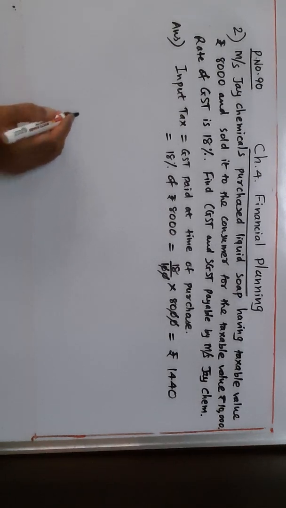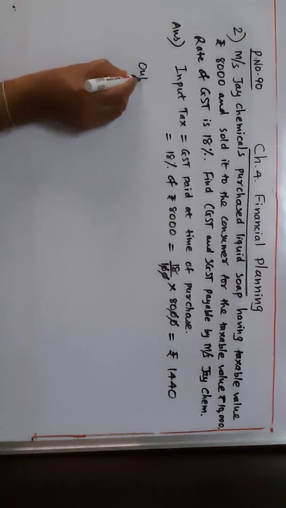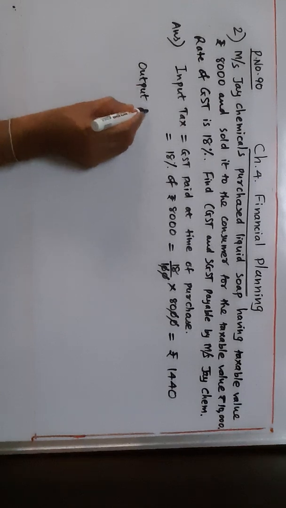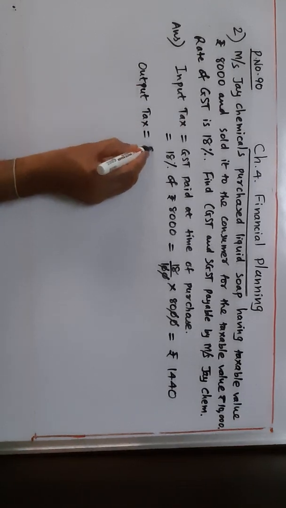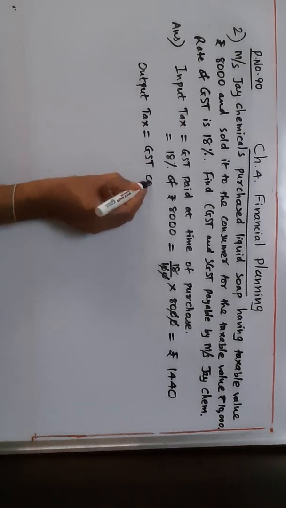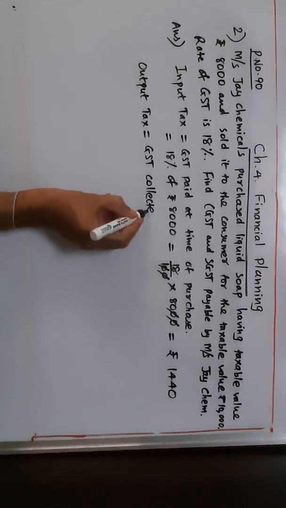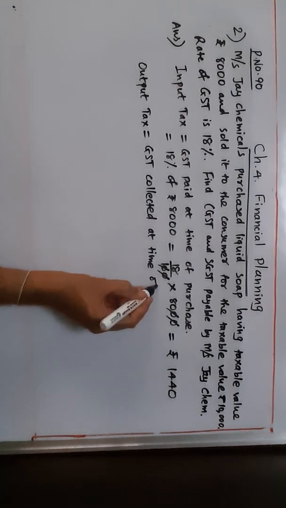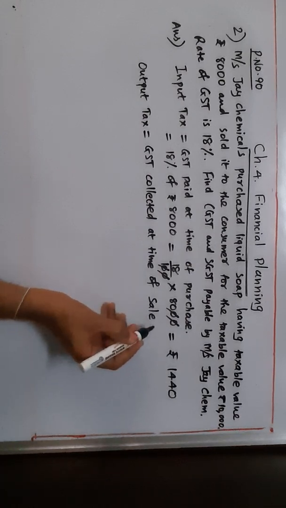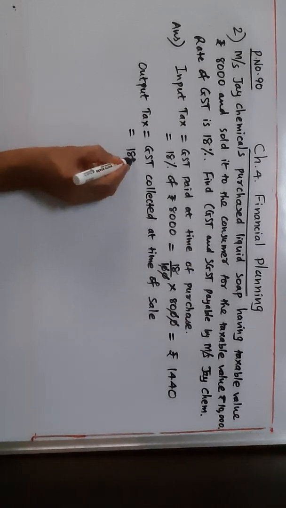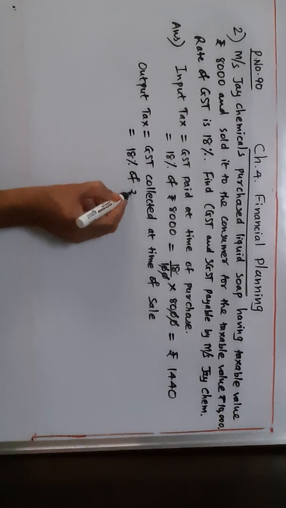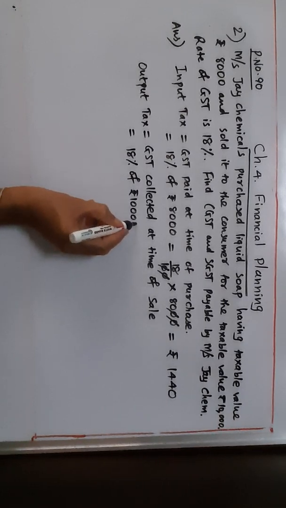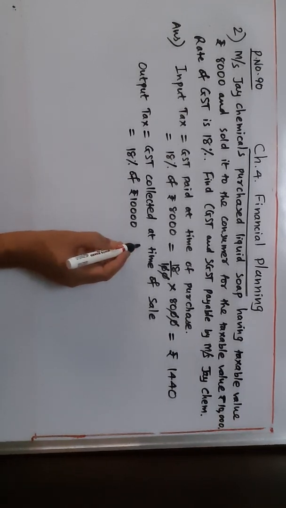So what we will do is find the output tax. Output tax is the tax collected by the trader, GST collected, now not paid but collected, at the time of sale, when the goods are sold. So it is again 18%, 18% of 10,000. 10,000 is the price at which the goods are sold to the consumer.